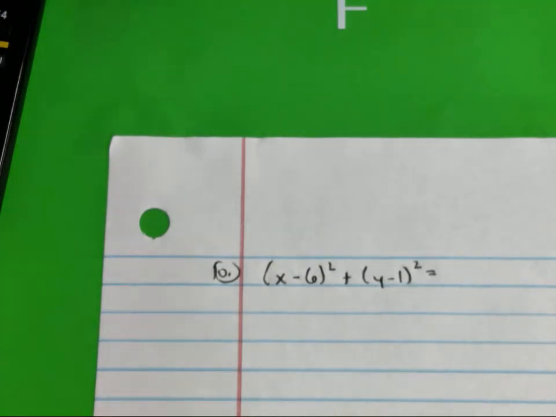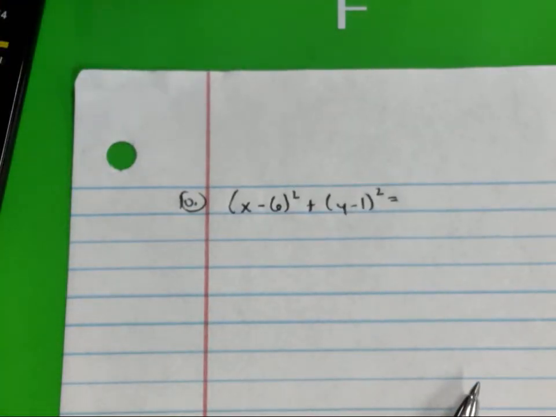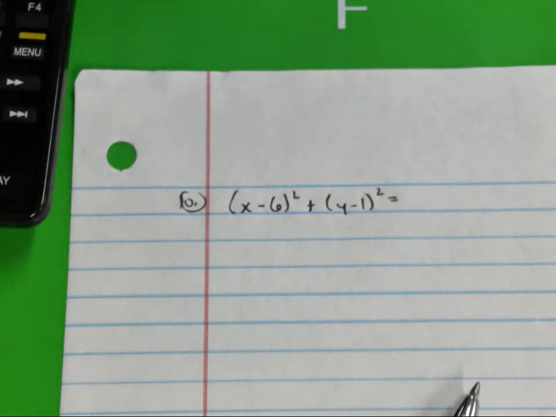Now we need to find the radius. How would you go about finding the radius on this? If you can see it in your head, that's fine, but Mr. Esther has to have a visual. We're at 6, 1, and it's tangent to the y-axis.